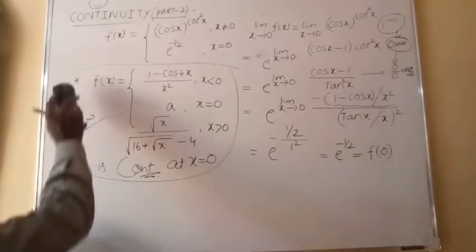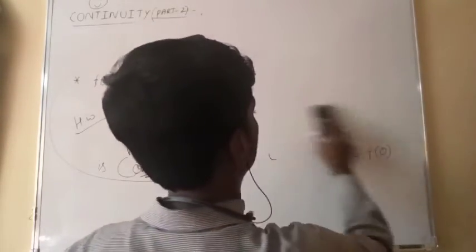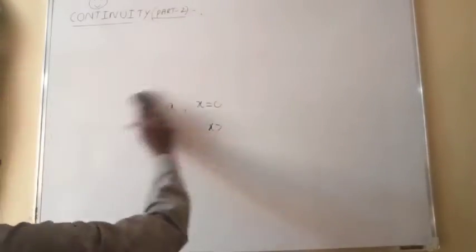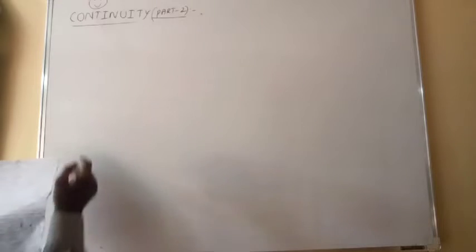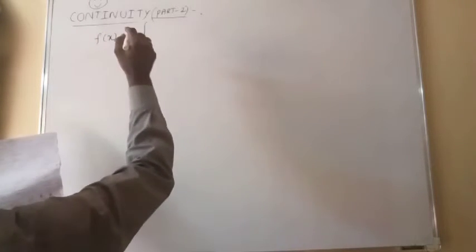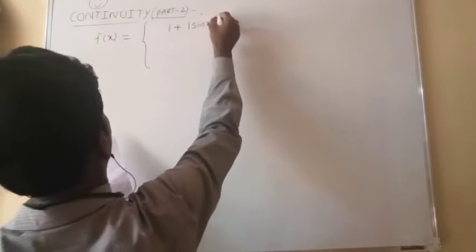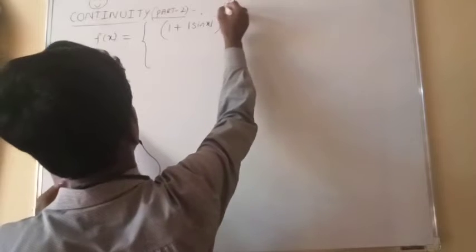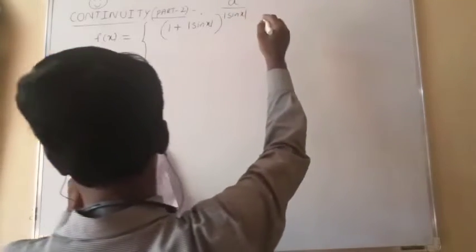Next problem. So it is given that f of x is equal to (1 plus mod sin x) whole power a by mod sin x. This problem is there even in our material.